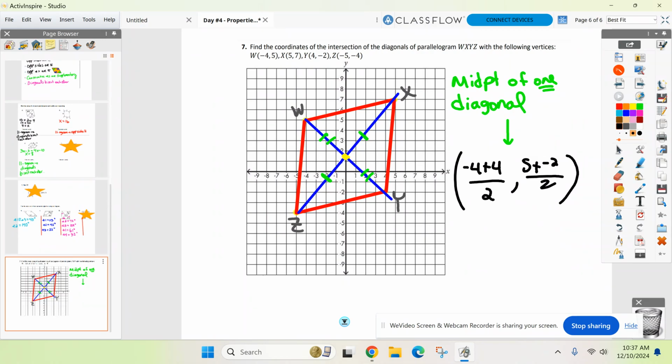What did I choose to use there? I used WZ. Nope, I used 5 plus 8. I used WY.